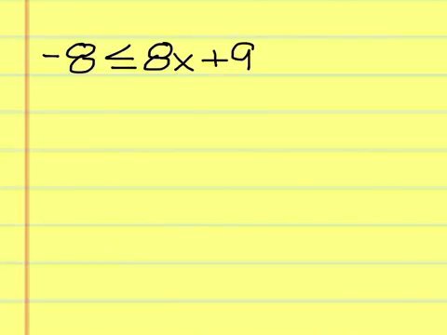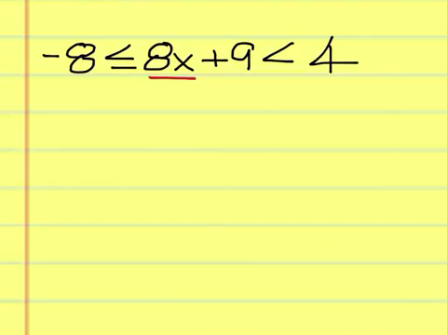Let's solve this compound inequality of negative 8 less than or equal to 8x plus 9 less than 4. The second way you can do this is to isolate the x in the middle. And to get that x in the middle, we have to first get rid of the plus 9.